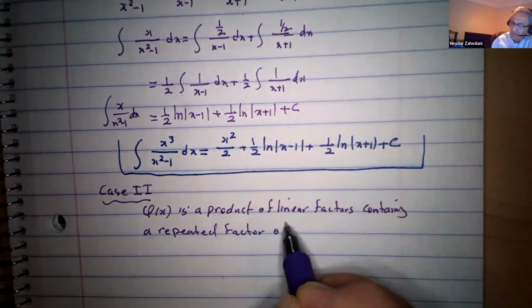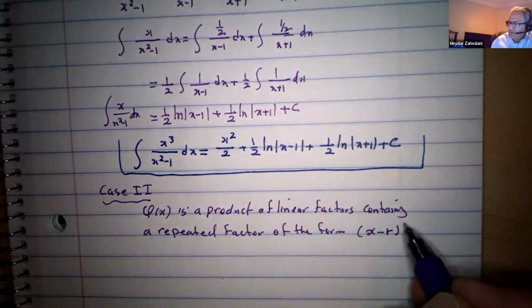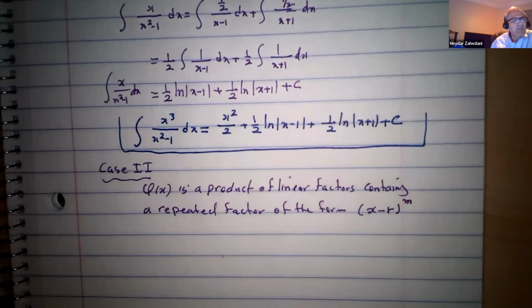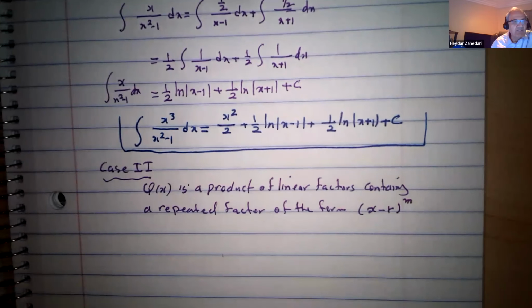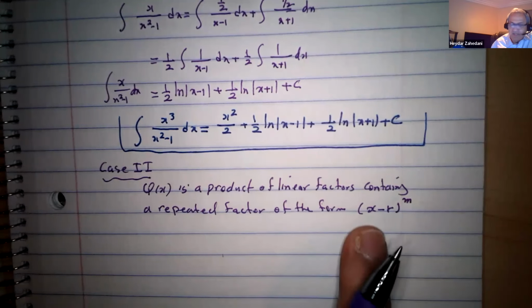It's repeated, suppose it's to the power m, for example. Most of the time it's like x minus 1 squared, x plus 1 to the third. So we have all the other factors, but one of them is repeated.